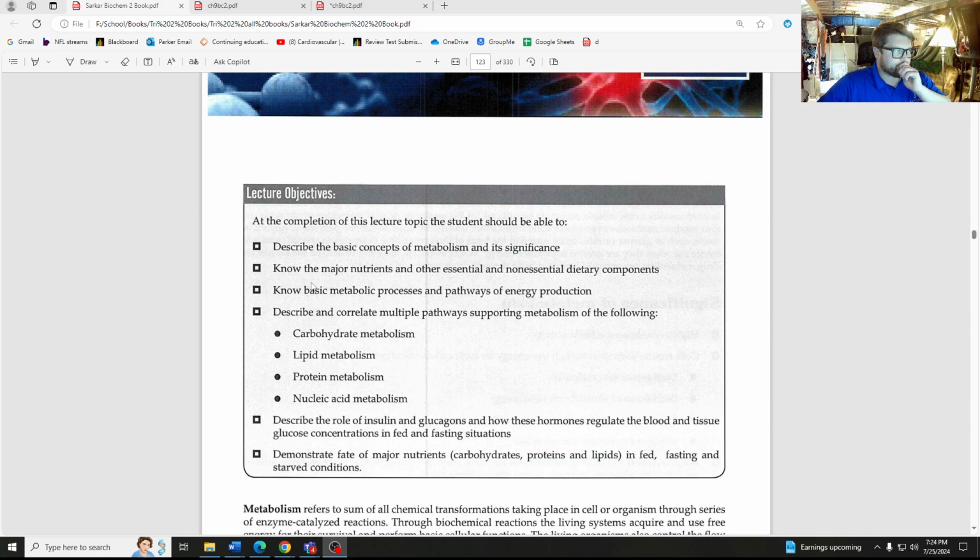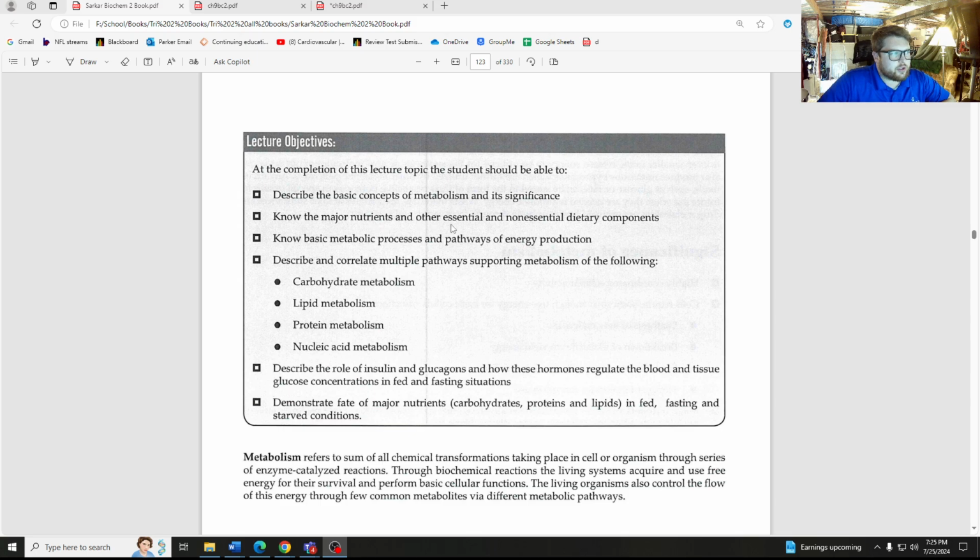But at the completion of this lecture topic, the student should be able to do the following: describe the basic concepts of metabolism as well as its significance, so why it's important. Know the major nutrient and other essential and non-essential dietary components, so thinking along the lines of what are those essential amino acids, those essential fats, the essential things that we need that we can't produce ourselves, that we need to consume in our diet.